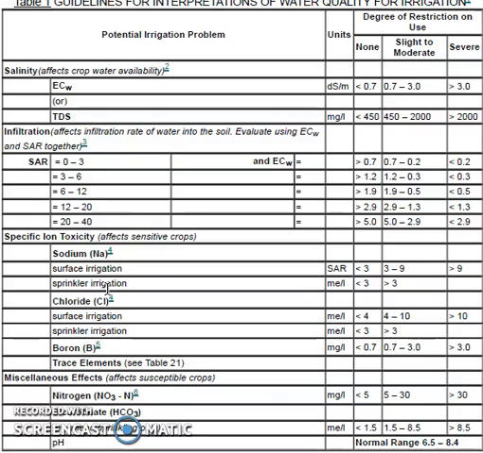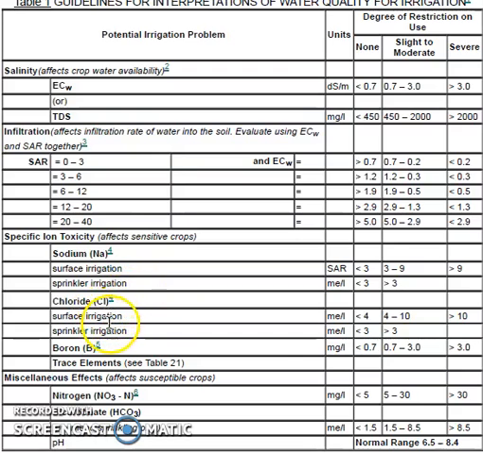So in case of using sprinkler irrigation, avoid using saline water or water containing toxic ions like sodium, chloride, or boron. Sodium or chloride especially, because, as I told you, they can accumulate on the leaf.